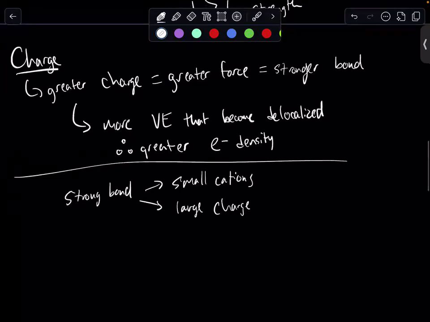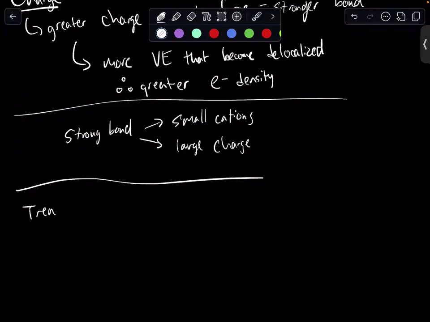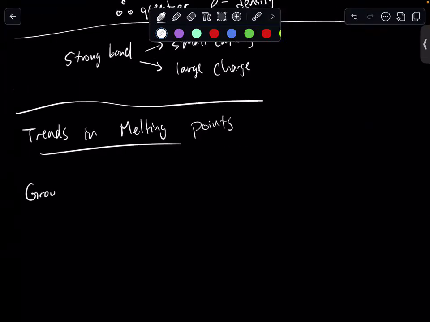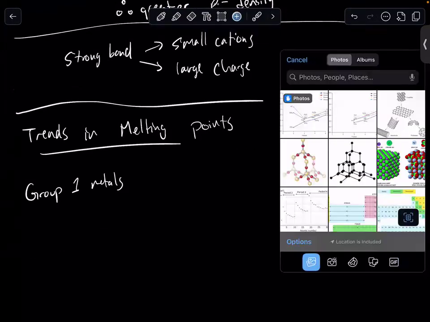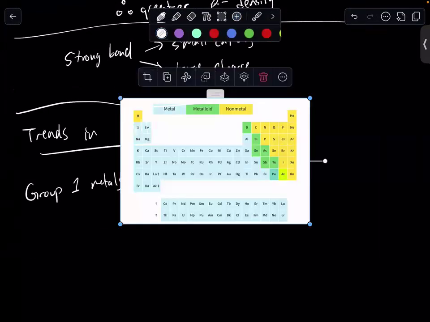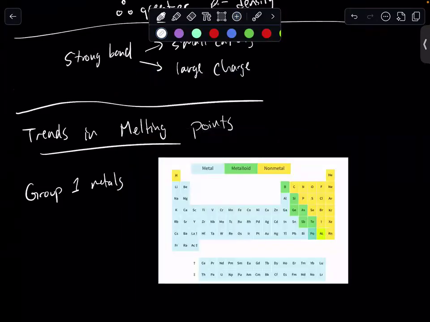So we can start looking at trends in melting points. If we start by looking at group 1 metals, we're going to refer specifically to these.